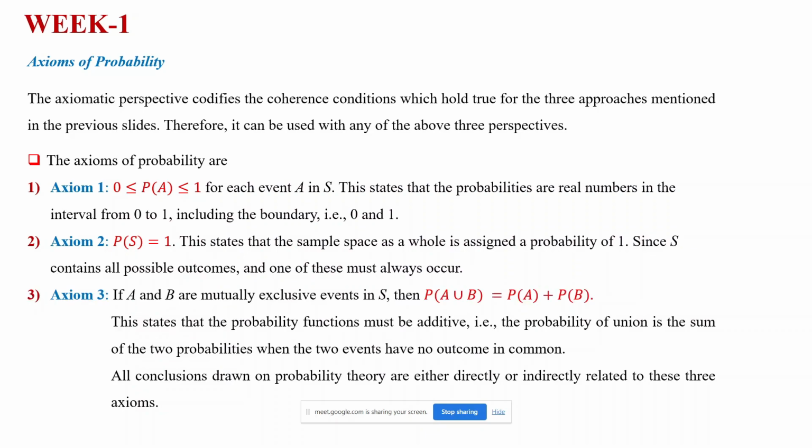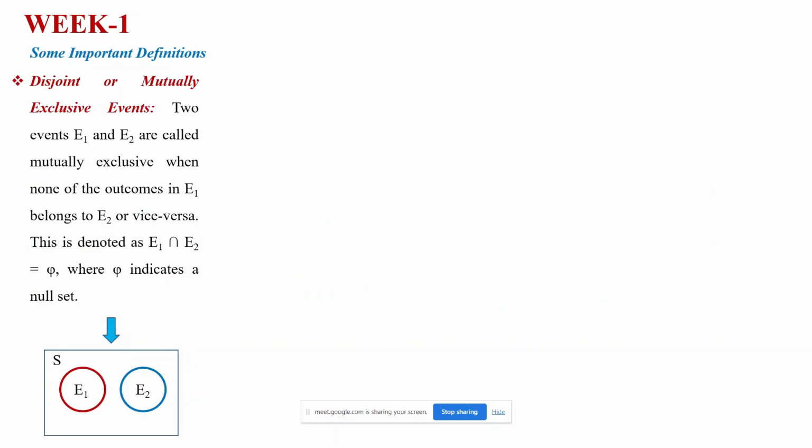And what is axiom 3? If A and B are mutually exclusive events in S, then P(A union B) equals P(A) plus P(B). What is a mutually exclusive event? We are coming to it later. This states that the probability function must be additive, that is, the probability of the union is the sum of the two probabilities when the two events have no outcome in common. All conclusions drawn in probability theory are either directly or indirectly related to these three axioms.